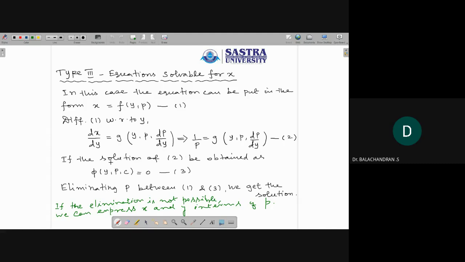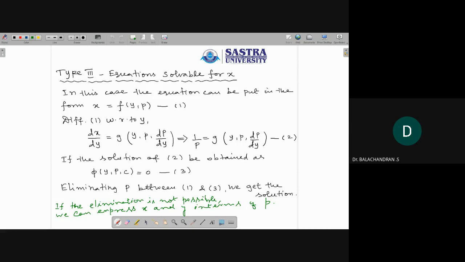So this is a first order differential equation, equation 2. If you solve this equation, you will get the solution. I'll take the solution in the form phi of y, p, c equal to 0. Now you should eliminate p from 1 and 3.